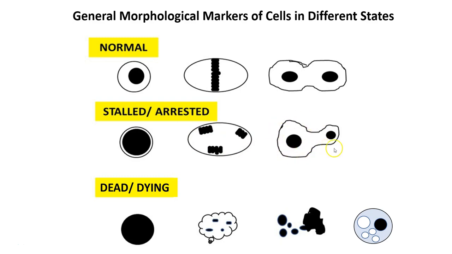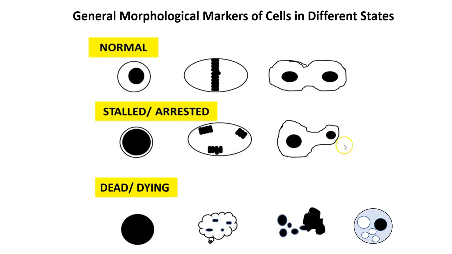Lastly, you can have cells that are even further in cell division. They've attempted to segregate the chromosomes, divide them up, and complete the cell division. But because they didn't do it equally, they're unable to make equal daughter cells. So you'll see one of the daughter cells forming significantly larger than the other.